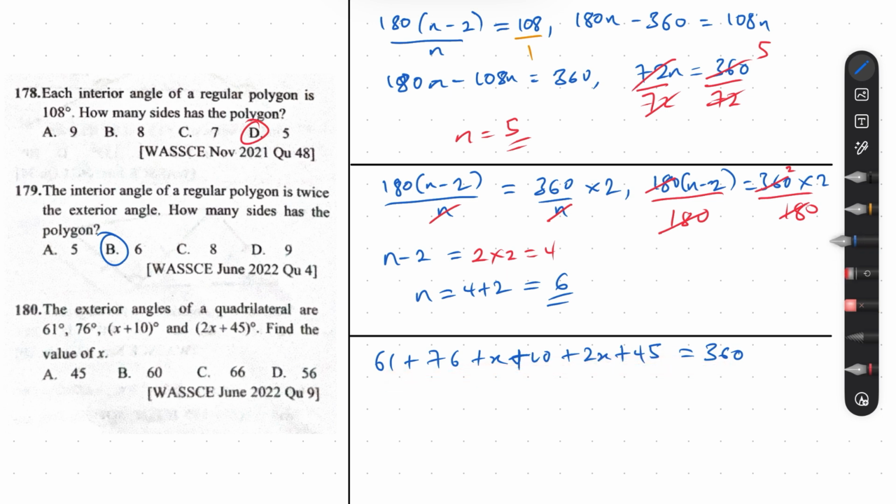We would have 3x plus 61 plus 76, that is 137. 137 plus 10 is 147. 147 plus 45 is 192. So 3x plus 192 equals 360.